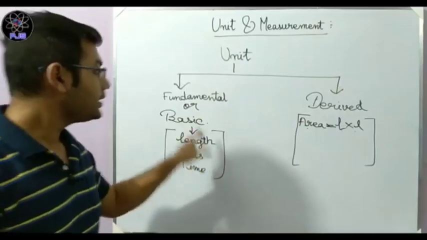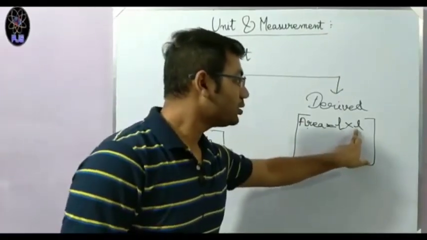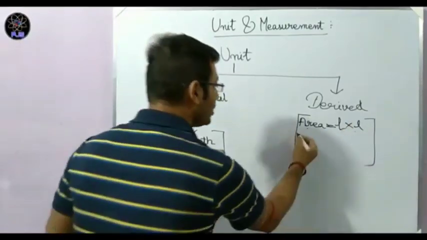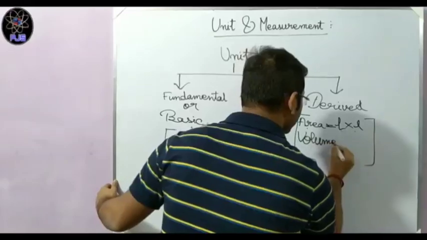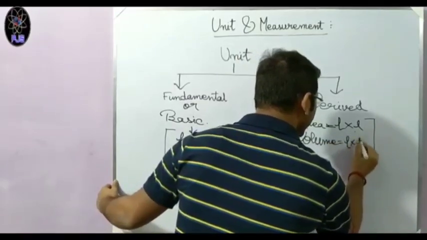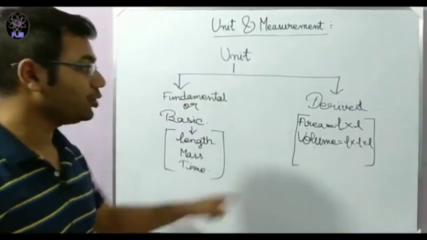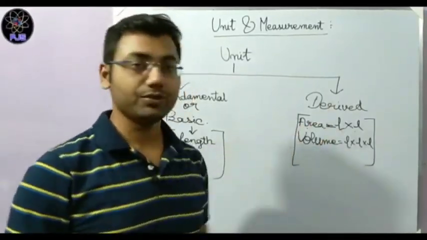Length is a basic unit and area depends on this basic unit, which is length. Now in case of volume, length into length into length, volume also depends on length. So these types of units are derived units.